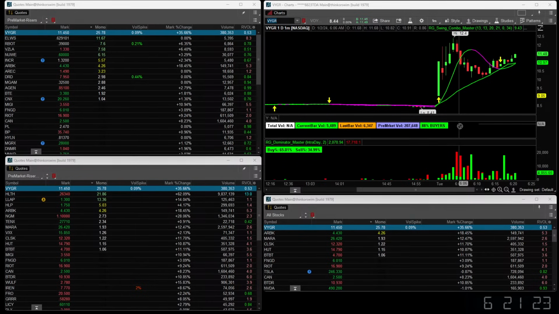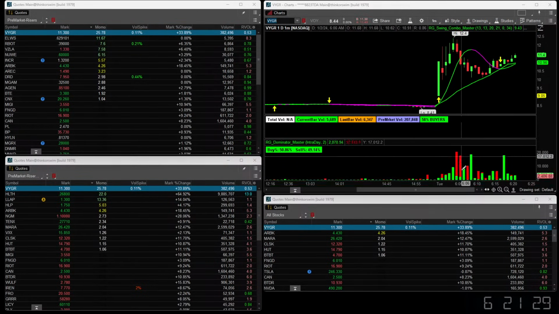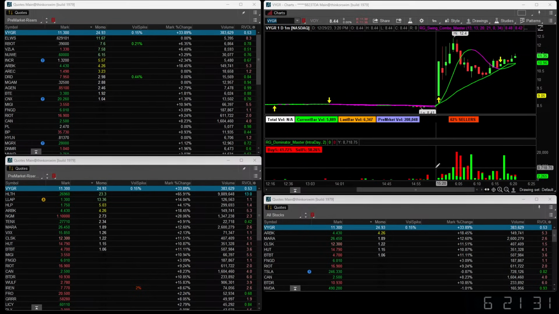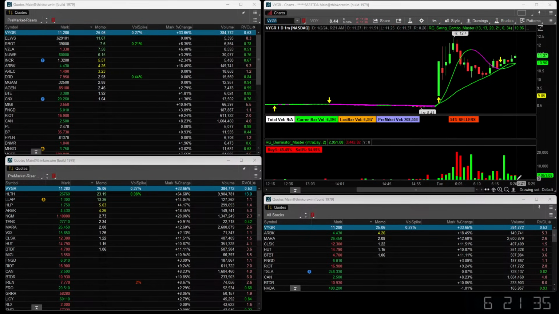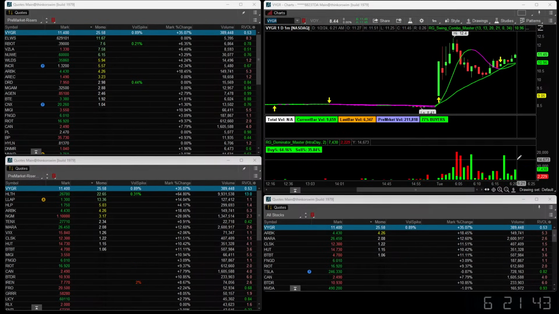It tells us if there's more buyers or more sellers in the entire volume of the stock. And recently, we released the Dominator Master. That's it down here. I converted those lines into bars so we can tell the volume within that candle above, and the buyers and sellers within that candle above.